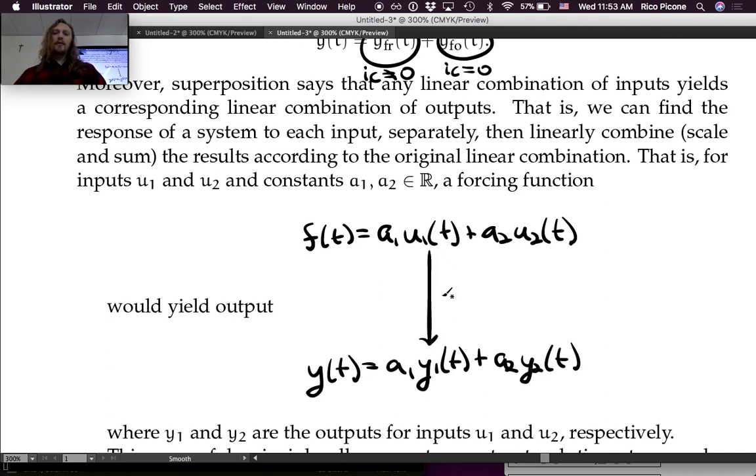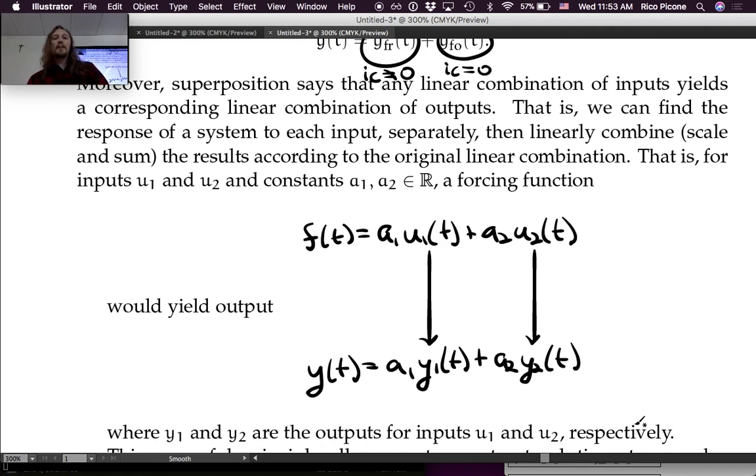So u1 gave y1, u2 gave y2, and if we wanted to know what the response of the system was to some linear combination of u1 and u2 like this, all we need to do is take the linear combination of these outputs that we already have.